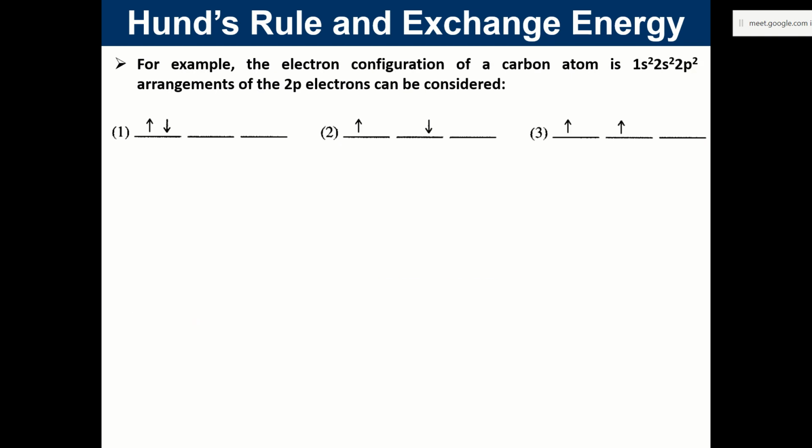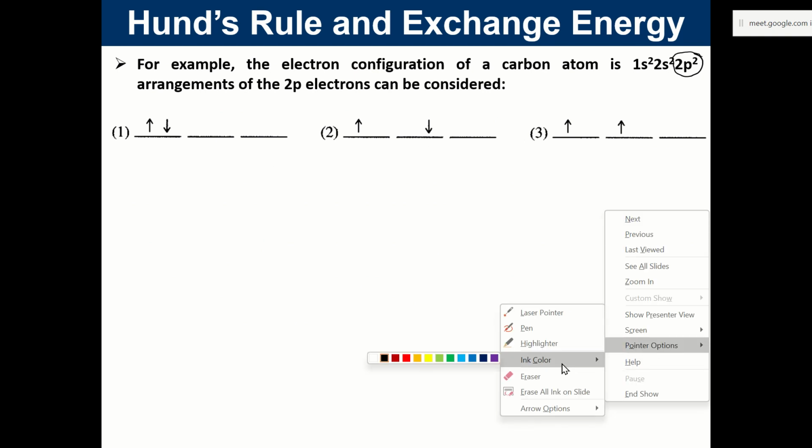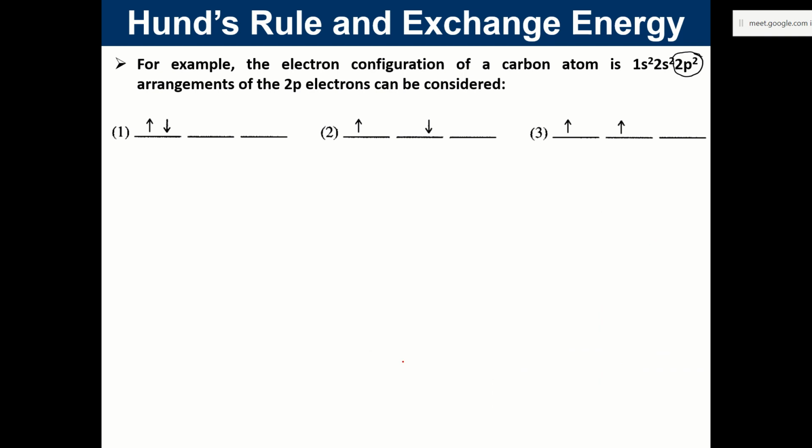So let's talk about the configuration when there are two electrons in p. If we have two electrons in the p orbitals, let me just take you to this. Oh, okay, so can you visualize this situation that we have here? 1, 2, and 3. Three possibilities we are discussing.